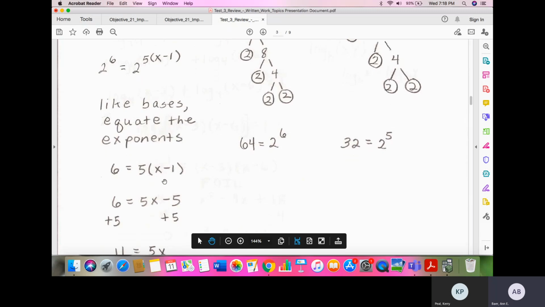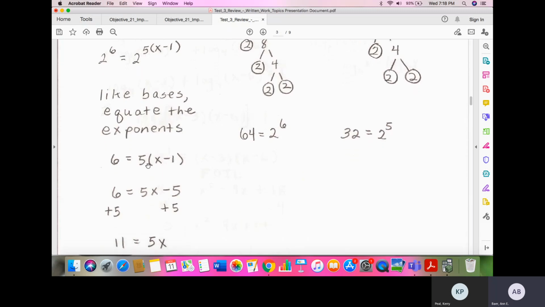So let's solve this for x. Let's distribute this 5 through. We've got multiplication over adding a negative, so we really have multiplication over addition, so we can distribute 5 times x, and then 5 times a negative 1. Let's write the minus sign down like that, and then do 5 times 1, and we get 5 here.